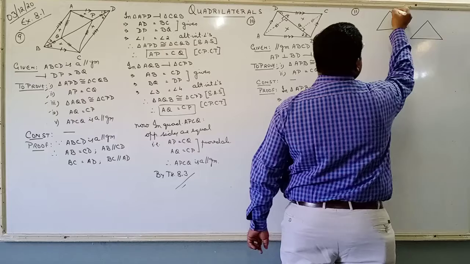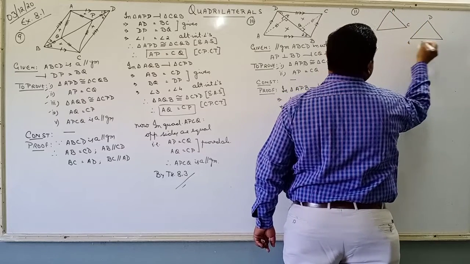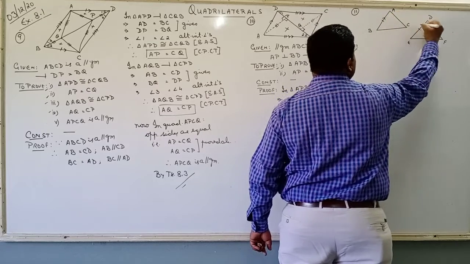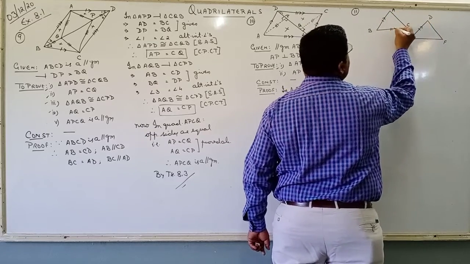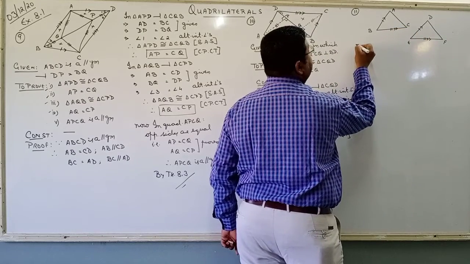This is the figure. A, B, C, D, E, F. He says AB equals to DE, AB parallel to DE, BC equals and parallel to EF. These are the quantities given to us. What is given to us?